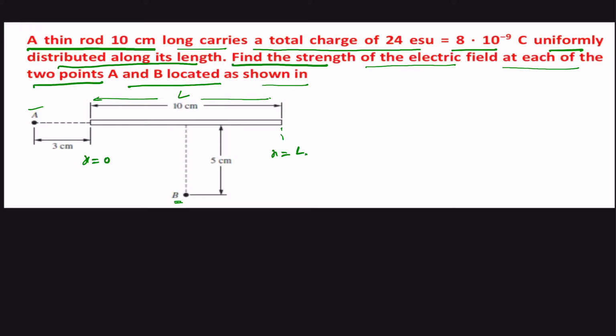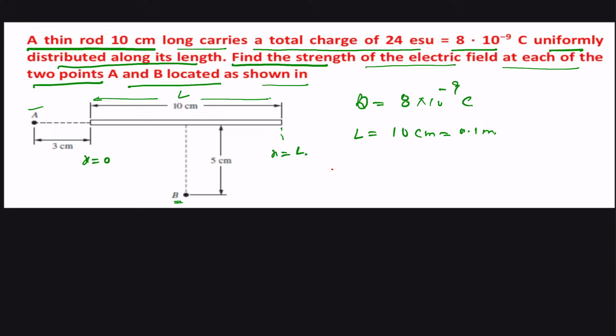We are given the total charge, that is our Q, which is 8 into 10 to the minus 9 coulomb, and the length is given to us, that is 10 centimeter, or we can say that will be equal to 0.1 meters, and this charge is uniformly distributed along the entire length.